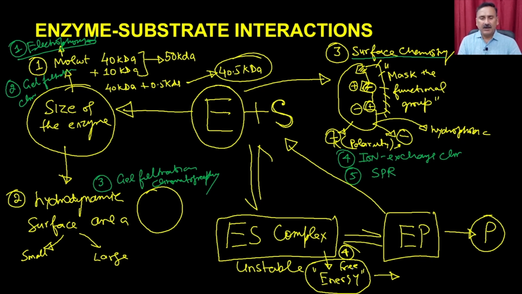And when you are expecting that there will be a change in the free energy, you can use many types of techniques, but what we discuss in this particular course is isothermal calorimetry, because you can measure the energy of the complex, you can measure the energy of the free enzyme, and if there is a change, you can say that the enzyme is interacting with the substrate.